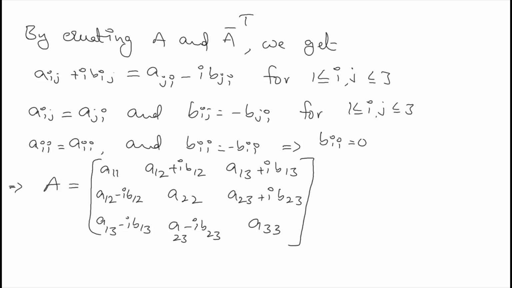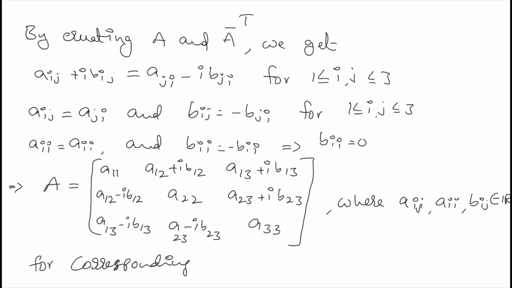This is the matrix A, where Aij, Aii, Bij are real numbers for the corresponding i and j.